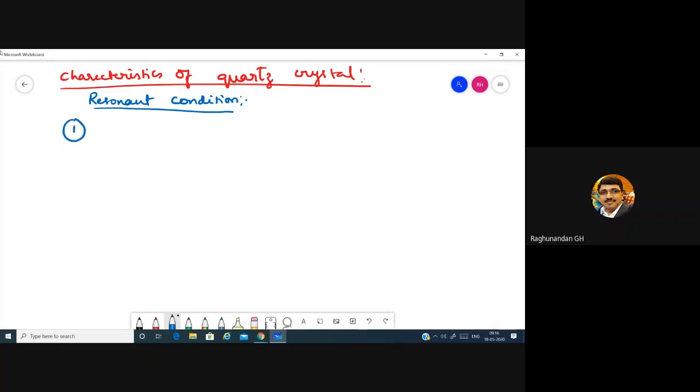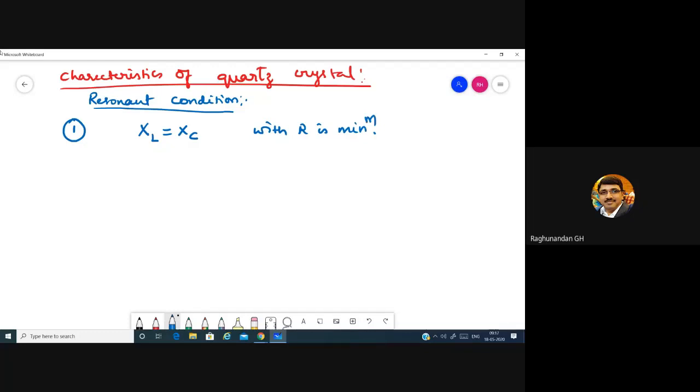Among this, one of the resonant conditions occurs when the reactances of the series RLC are equal. That means XL is equal to XC. Under the minimum resistance value condition, here we have taken XL and XC only because we consider R is minimum.